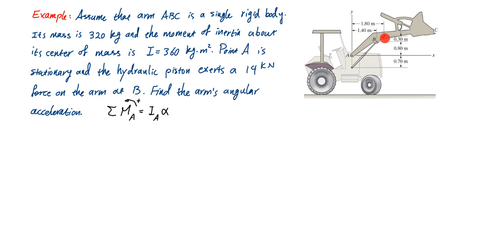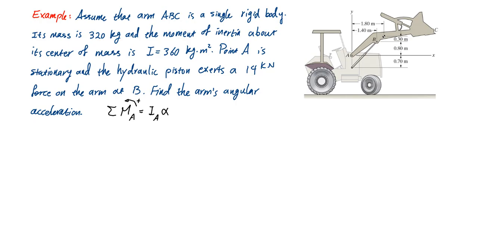So all I need to do is use the parallel axis theorem to find the mass moment of inertia about point A, as long as I know the distance between these 2 points, which are axes again coming out of the screen, and the mass of the whole structure. As long as I know these two, I'll be fine.